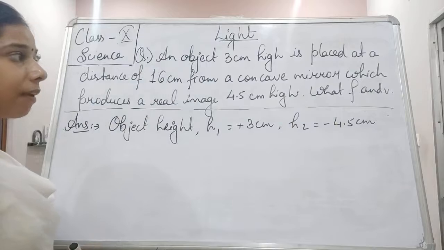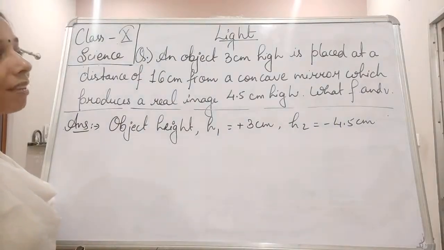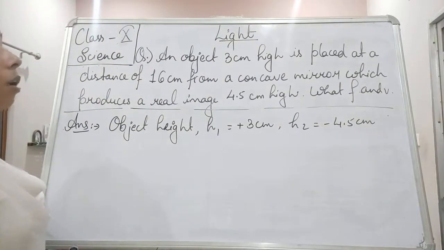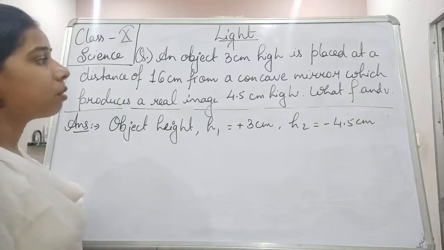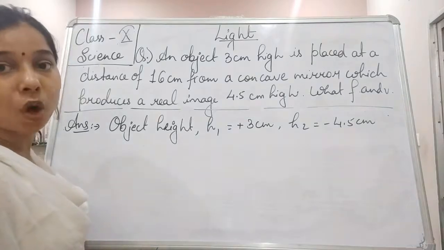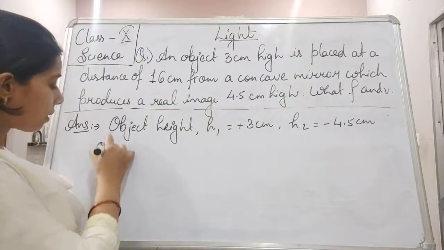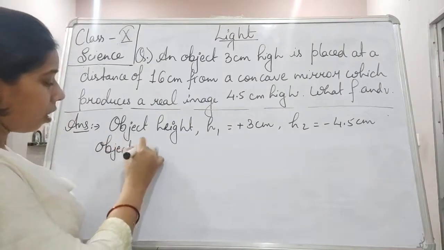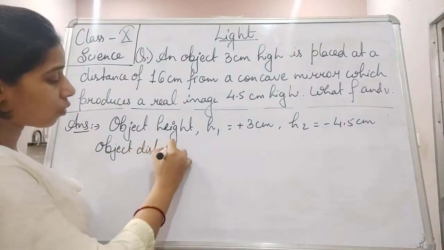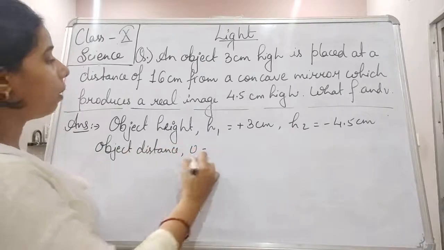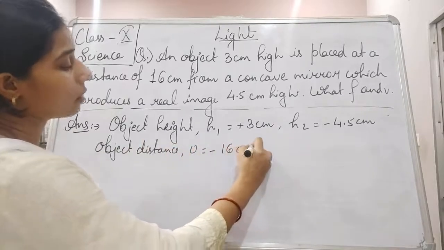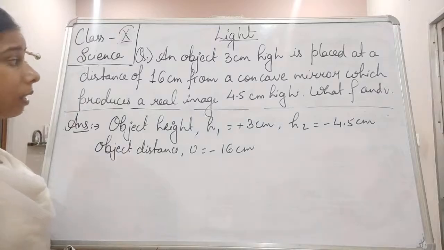So h1 is given as plus 3 centimeter and h2 is given as minus 4.5 centimeter. Now it is placed at a distance of 16 centimeter from a concave mirror. So object distance, which is represented by u, will be equal to minus 16 centimeter. Why am I writing minus 16 here?